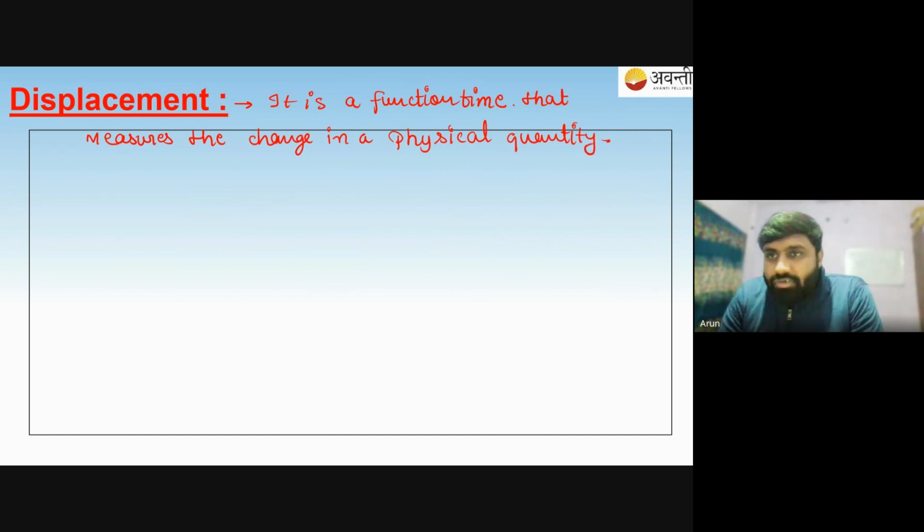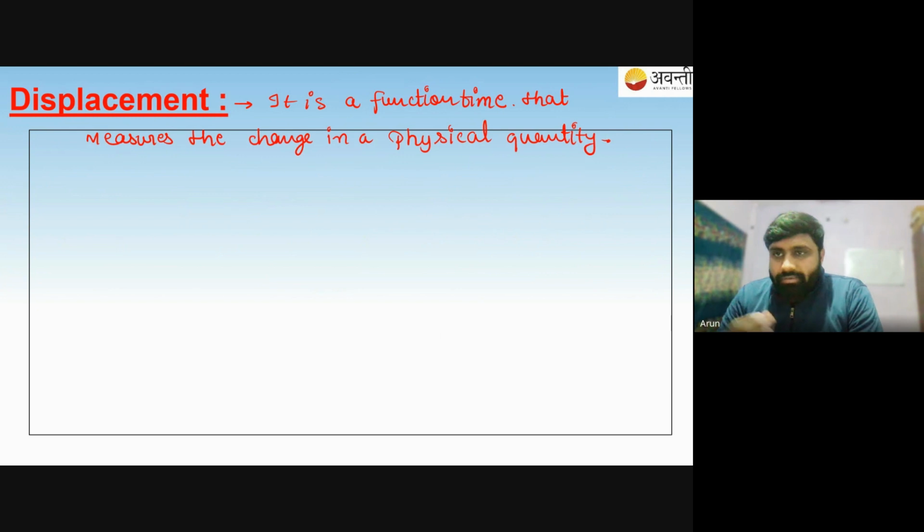As the physical quantity changes its magnitude or value with respect to time, that particular function is displacement.